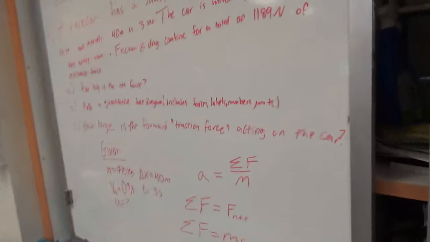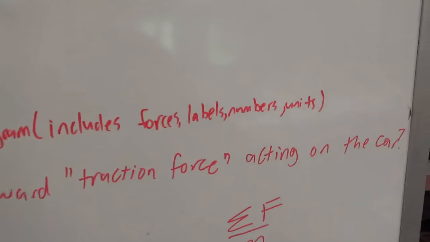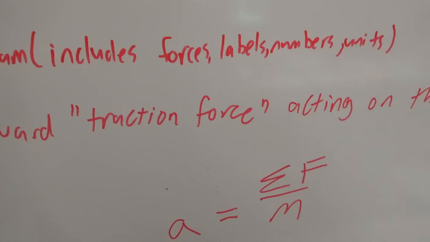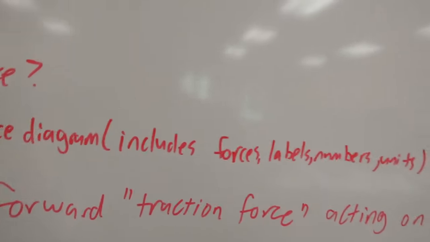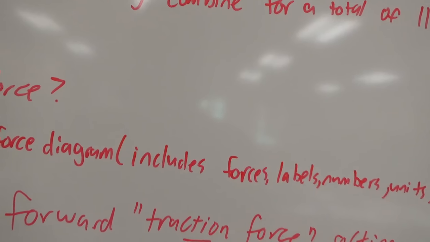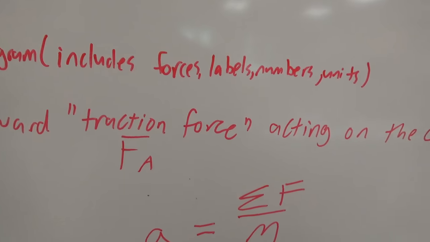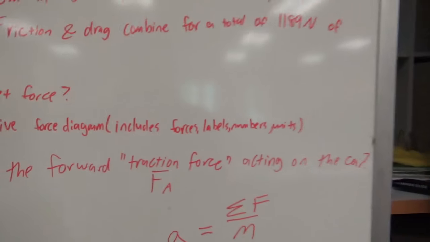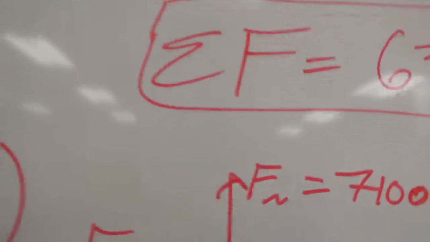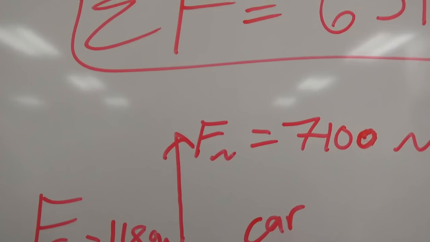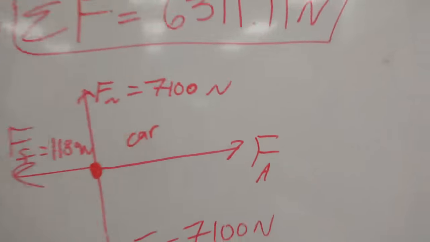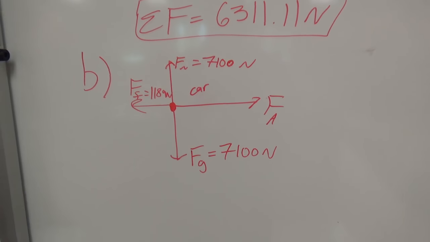They say, how large is the traction force, quote unquote. Just call this the force applied by the car for now, to make your life simpler. That way it's easier to understand. So we have all that.